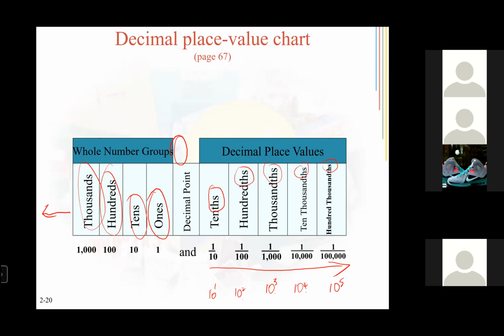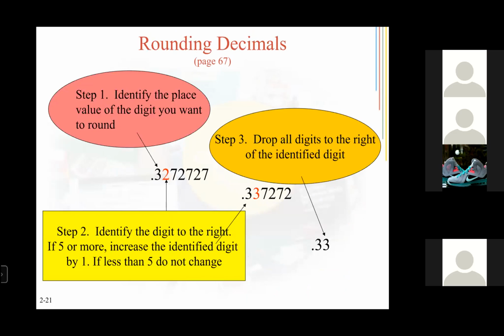What do you think the next place would be after hundred-thousandths? Millionths. Right. That's your place value chart, and it could go to the left or to the right as far as we wish, but we're just looking at this range.